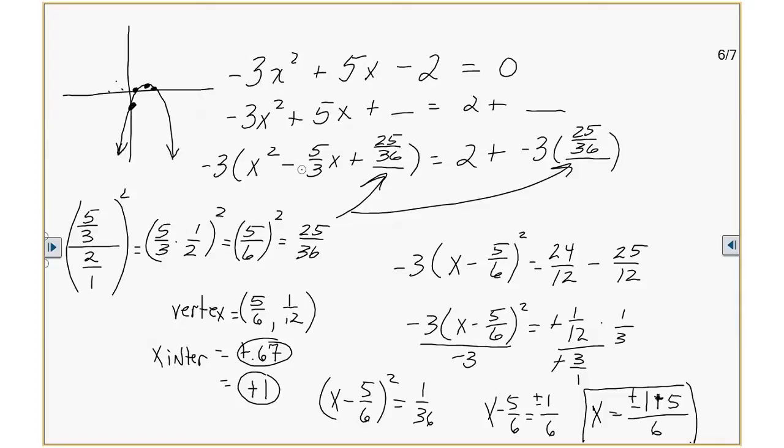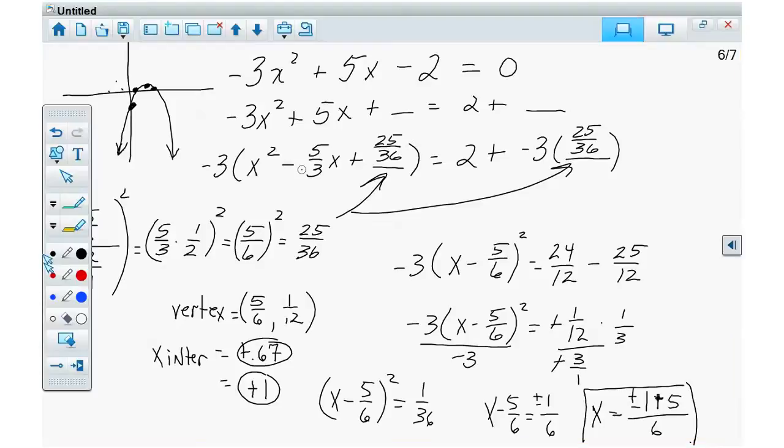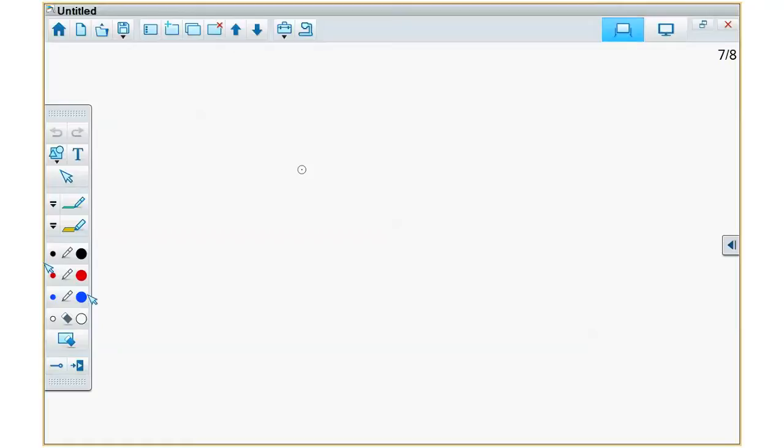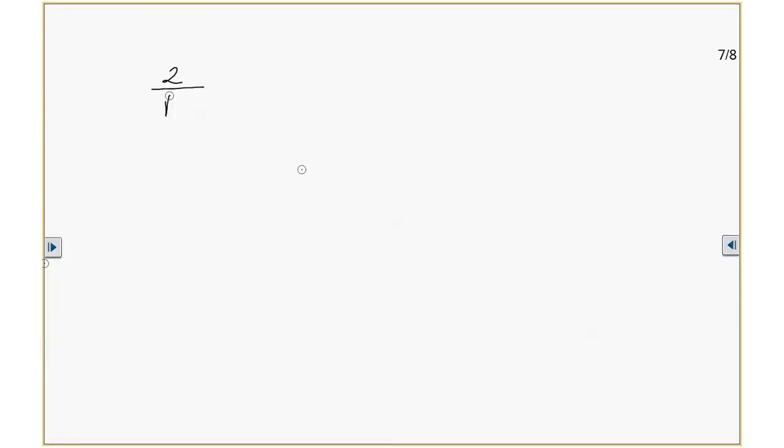Let's move on to rationalizing the denominator, because rationalizing the denominator is very important in calculus. So let's just do a couple. Let's start off with 2 over the square root of 2, and let's do 3 over the cube root of 4.